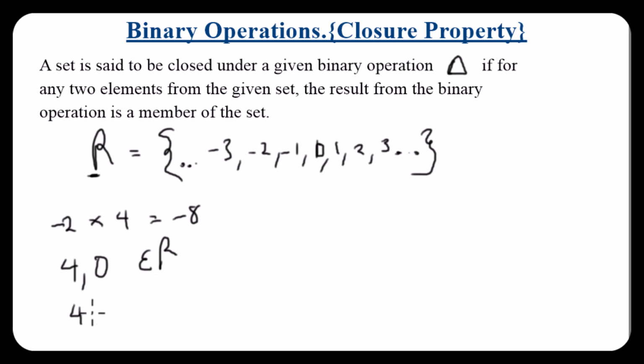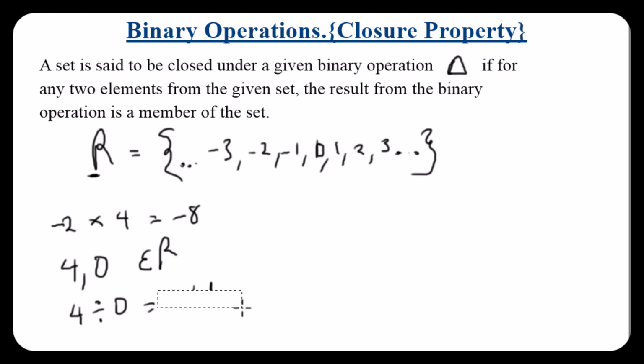By the time we do 4 divided by 0, we're trying to combine these two numbers together. The operator here is division. So 4 divided by 0 doesn't return a real number. So rather, we say this is undefined.